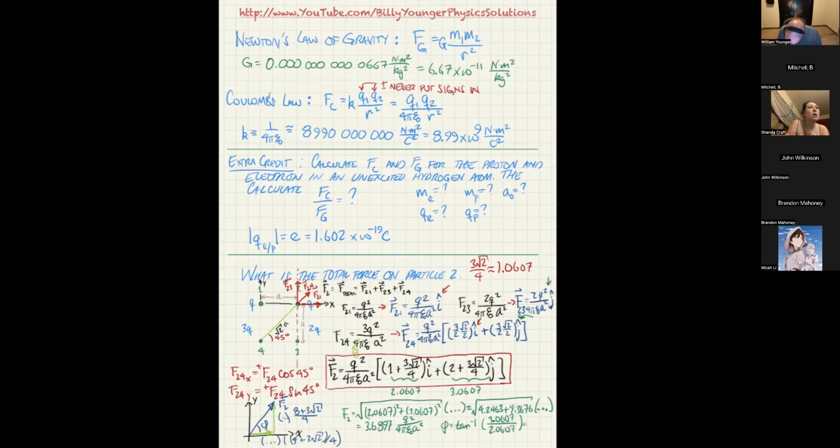And I'm going to take the inverse tangent of that: 3.0607 divided by 2.0607, close parentheses. That gives me 56.05 degrees.